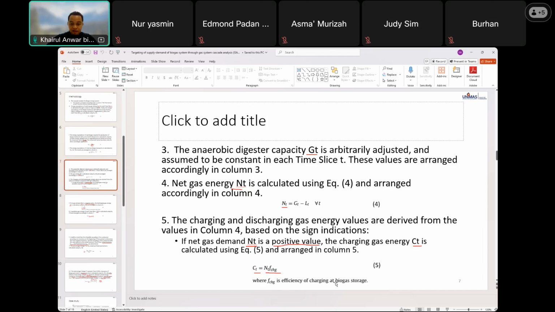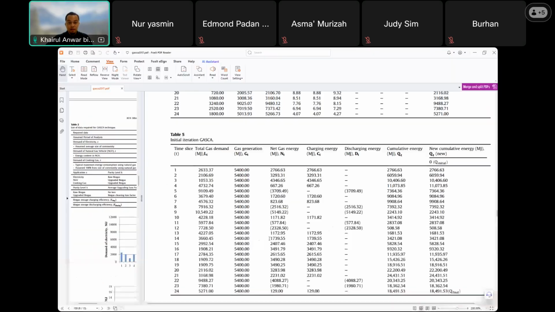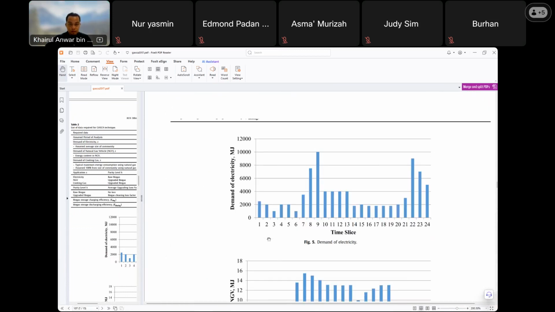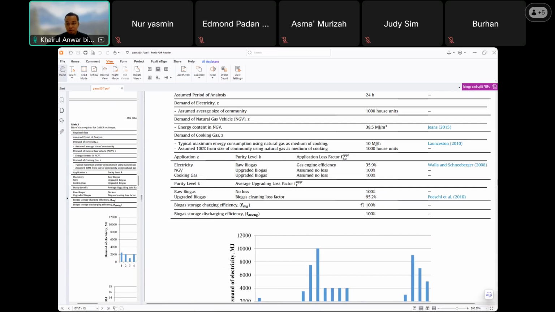FCHG is the efficiency of charging at biogas storage. Refer to table 2, the last row. This row. Both are 100%.